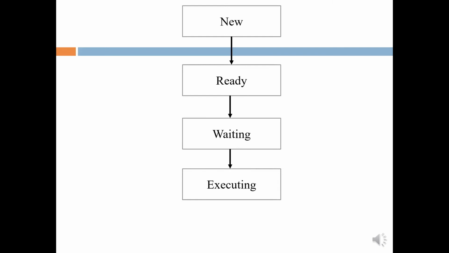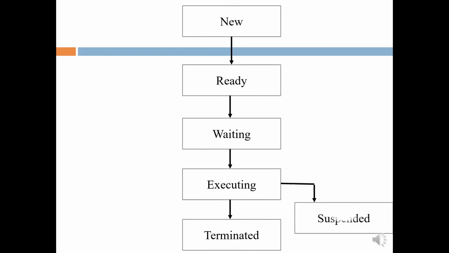If everything goes fine, then it will be terminated. If there are certain issues, then it will be suspended. Similarly, if there is less space in memory, then again it will be suspended.